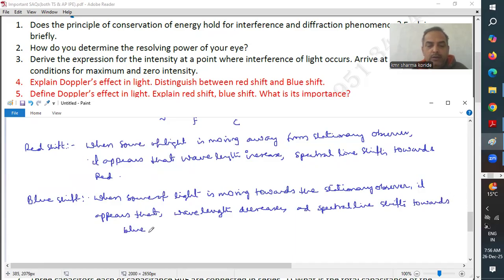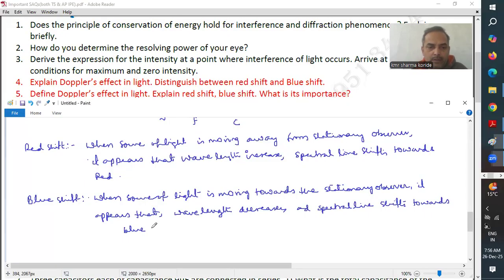This is called blue shift. So this is how you need to represent.